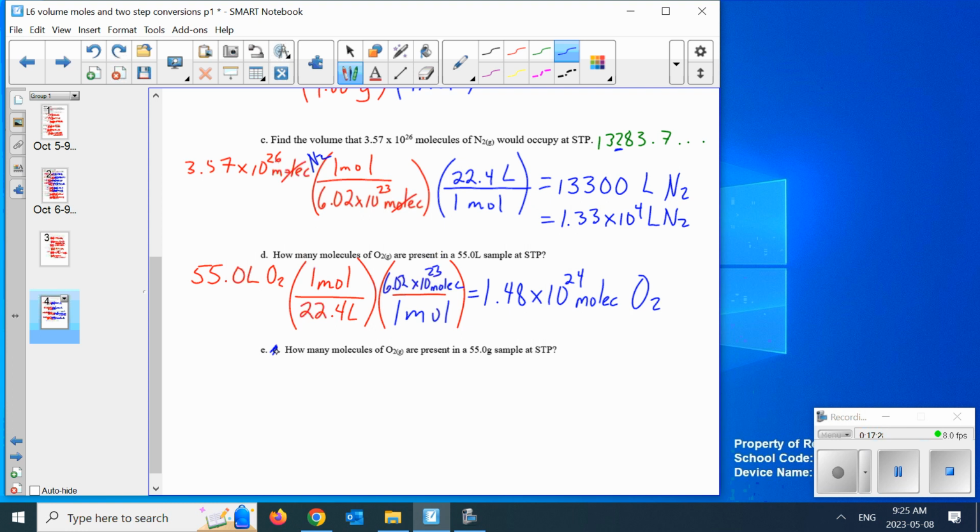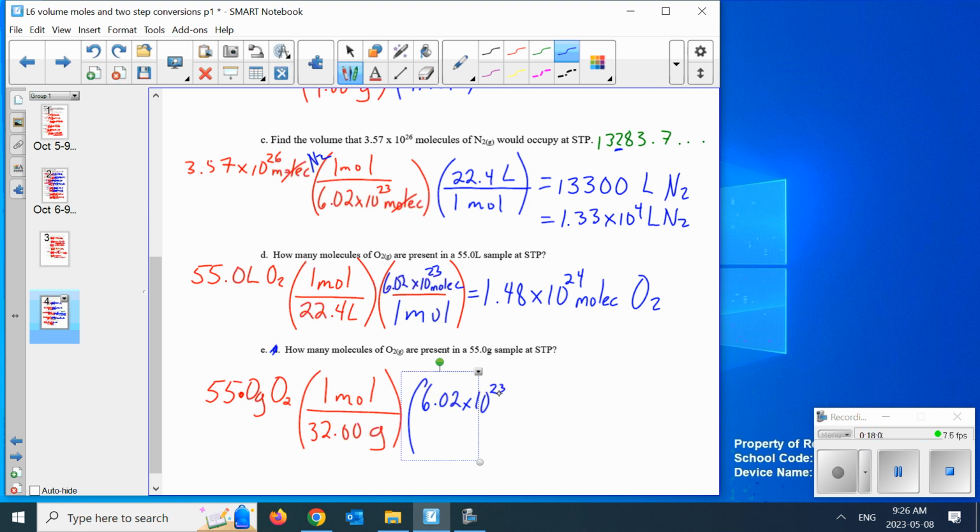Lastly, how many molecules again? But this one's in grams. I'm going to start with 55 grams. It's not going to involve liters at all, even though it's a gas. Oxygen again. I purposefully use the same number, 55 liters followed by 55 grams. In this case, I want to get rid of grams. And oxygen, when I look it up on the periodic table, is 16 times 2, so 32 grams. I want to get to molecules, so it's 6.02 times 10 to the 23 molecules.